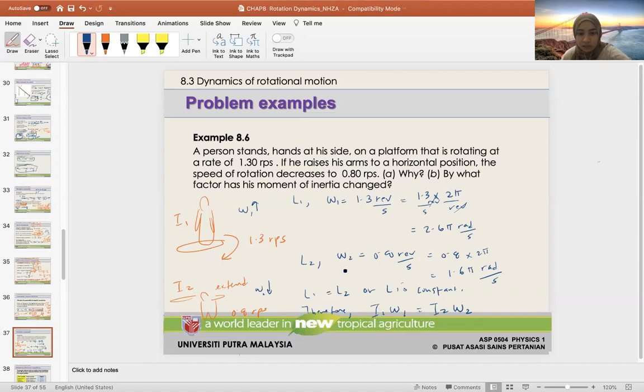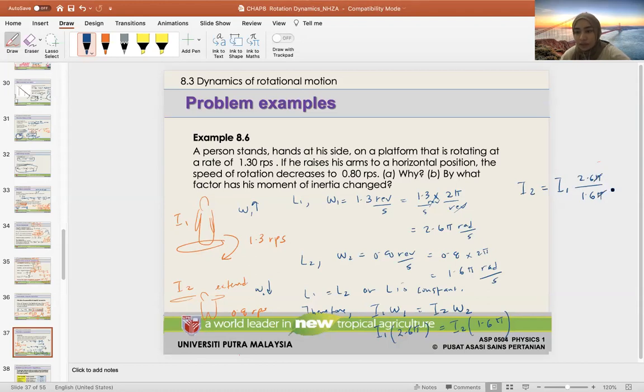And what is I1? I1 is, I don't know, I'm looking for it. Omega 1 is 2.6 pi. And I2 is, I don't know, I'm searching for it. Omega 2 is 1.6 pi. So the question is asking you, what is I2 in terms of I1? So I2 in terms of I1 is I1 times 2.6 pi over 1.6 pi.